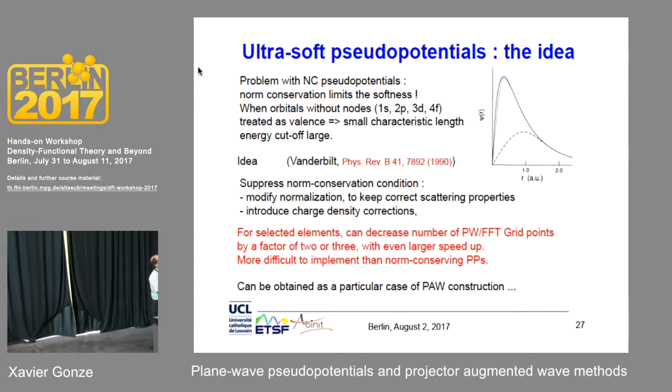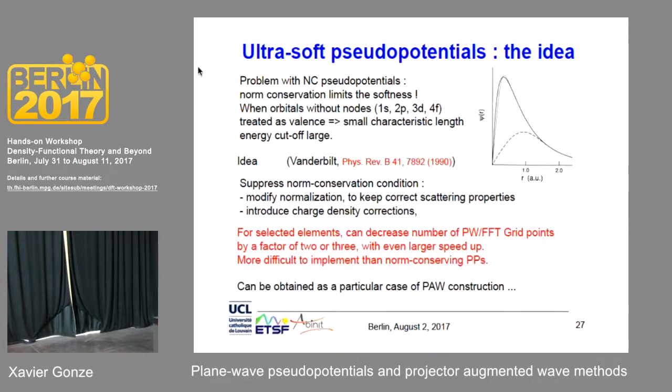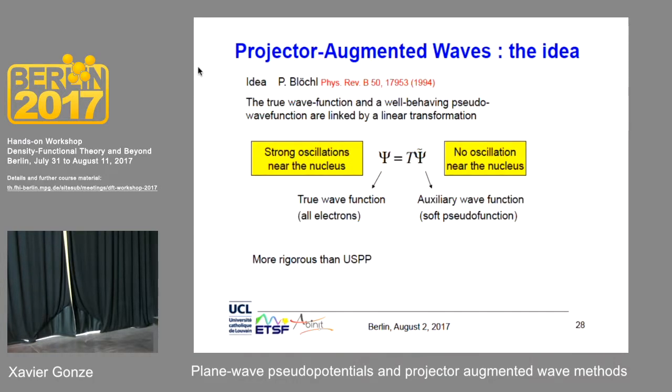Such a construction actually can be obtained as a particular case of the PAW construction, so I will not detail the USPP construction here, I will detail the PAW. But for selected elements like oxygen, iron, etc., one reduces the size of the plane wave basis set by a factor of 3, 4, 5, with an even bigger saving in computing time.